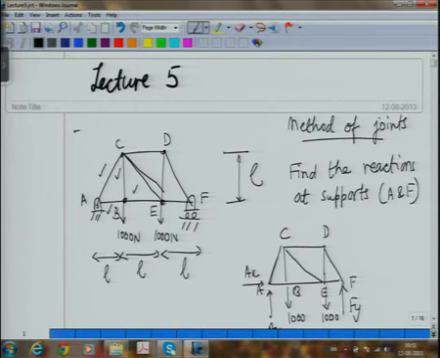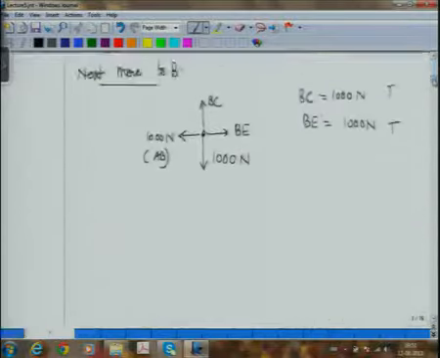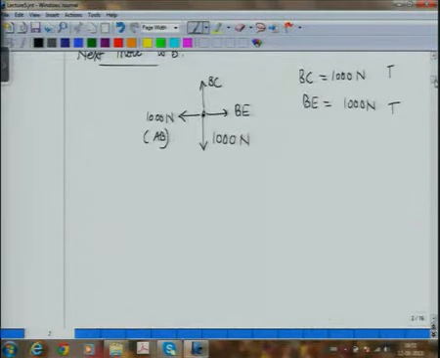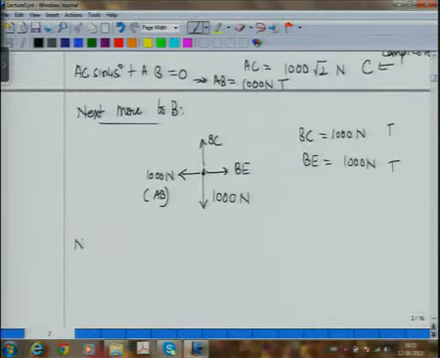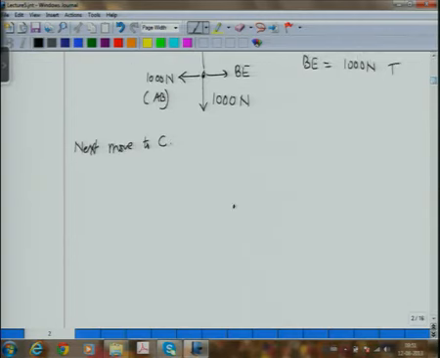Now, what will I do? I will go to point C, because now on C I know AC, I know AB. So, the next step would be to C. Now, on C what do I have? On C I have AC.